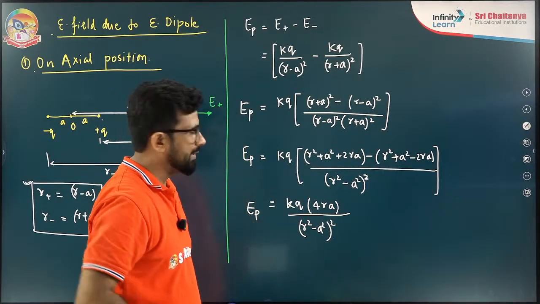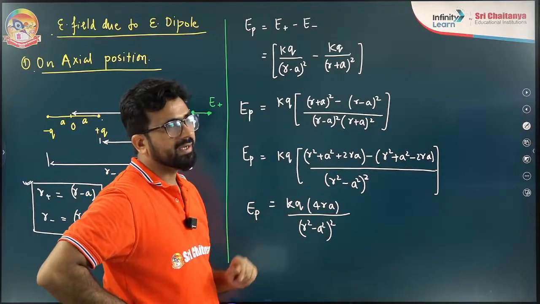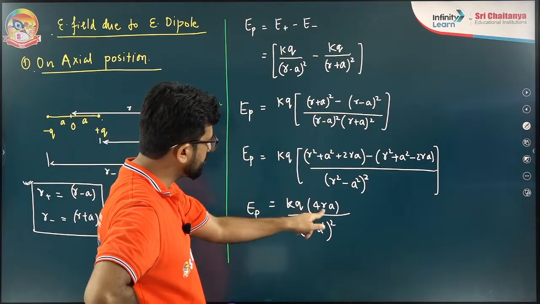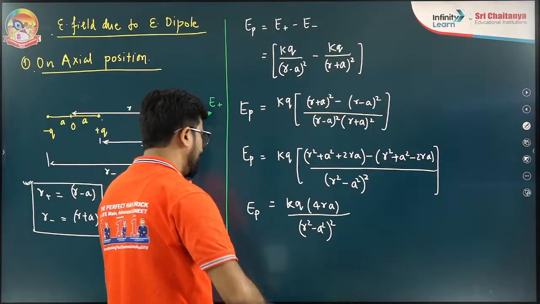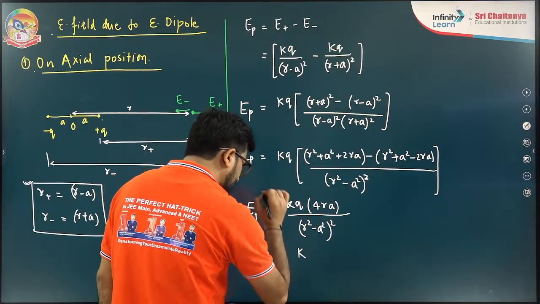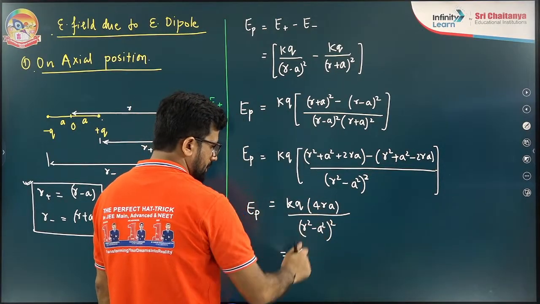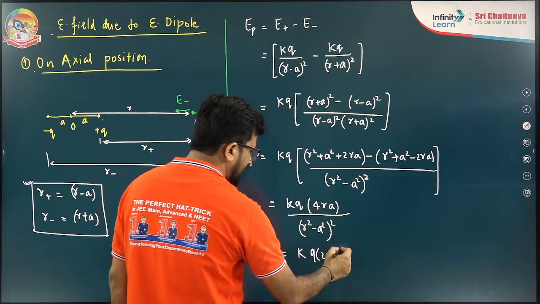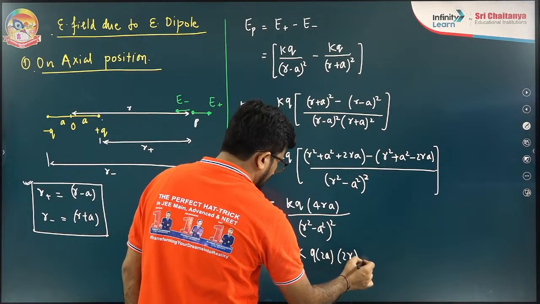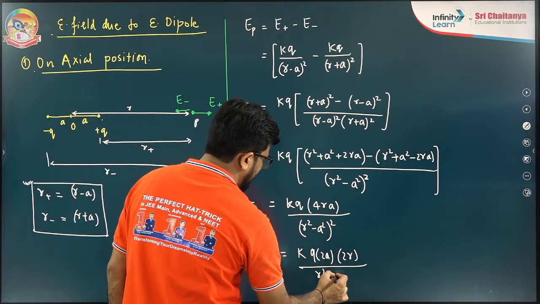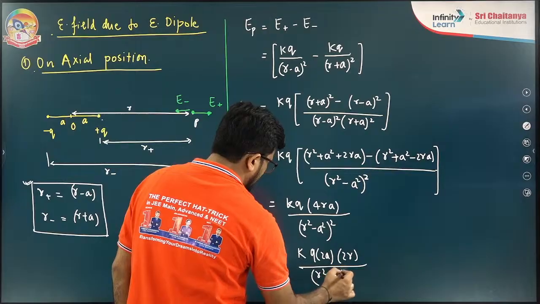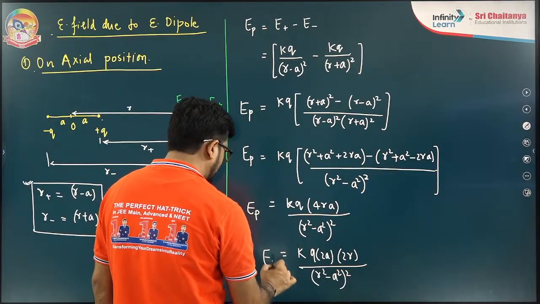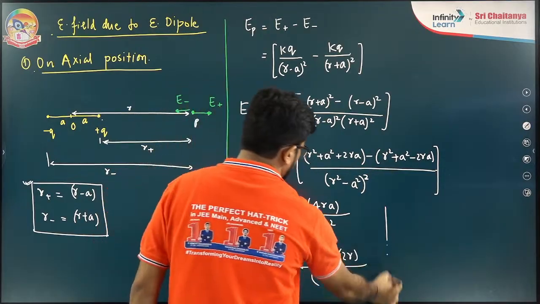Now observe carefully. Q into 2a is nothing else but p. So this is K, and here I can say Q into 2a altogether. What is remaining here? 2r is remaining, upon (r square minus a square) whole square, that is equal to the field at P. I am writing a little more.